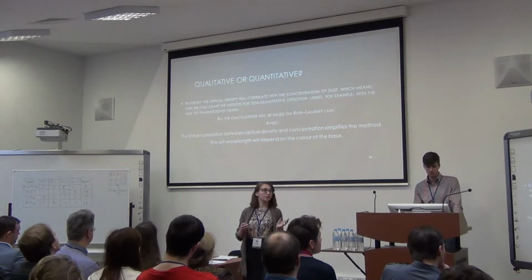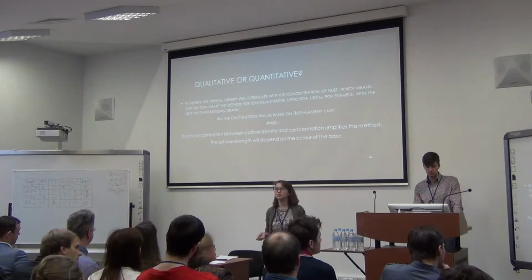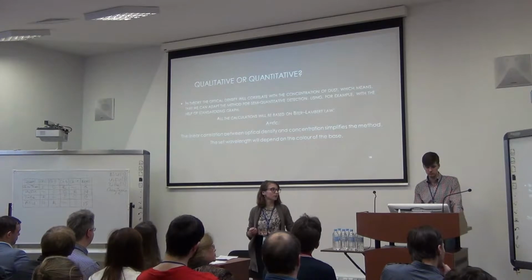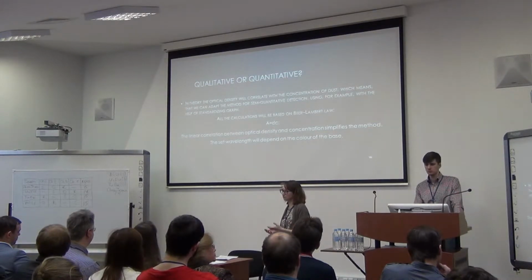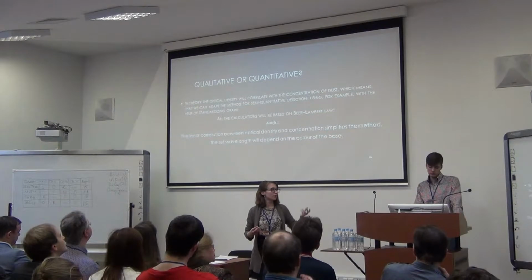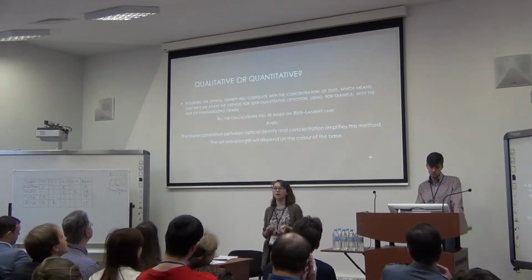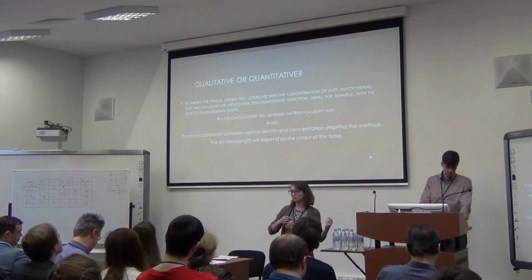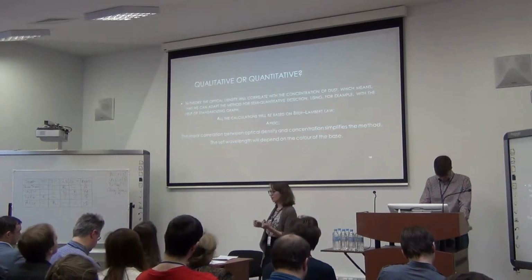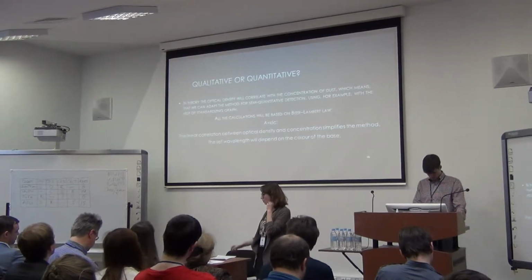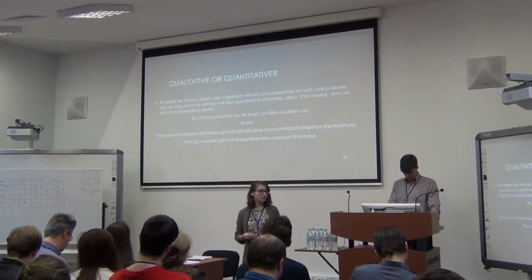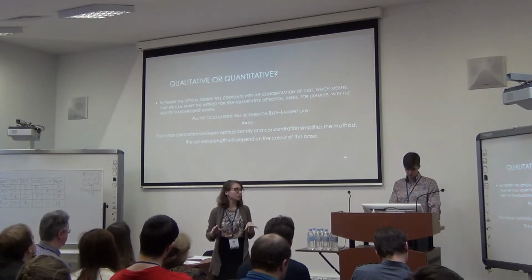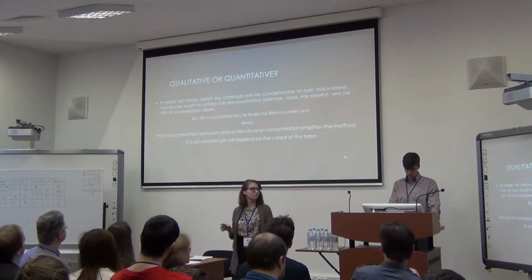Next slide please. In theory we may suppose that the optical density will correlate with the concentration of dust. And that's why we may even have semi-quantitative detection. For example, we may take several different samples with known quantity of dust, and then standardize it and do approximate calculations using just the Beer-Lambert law.